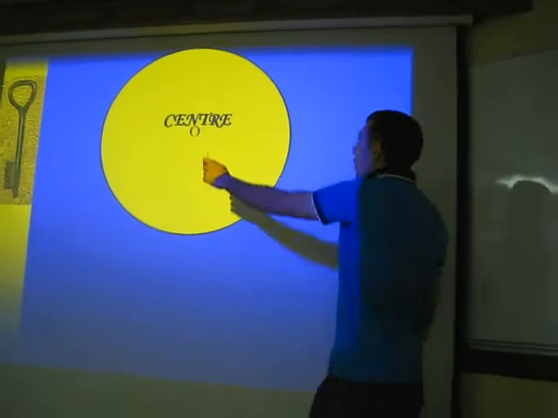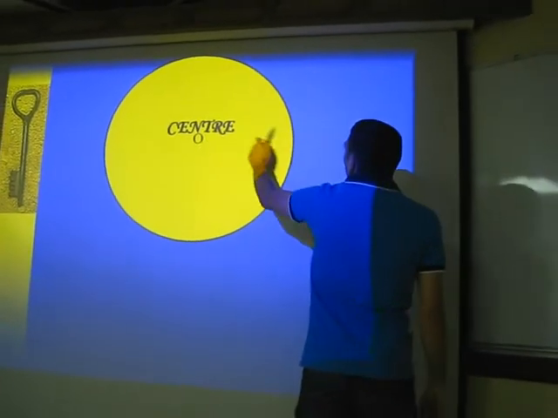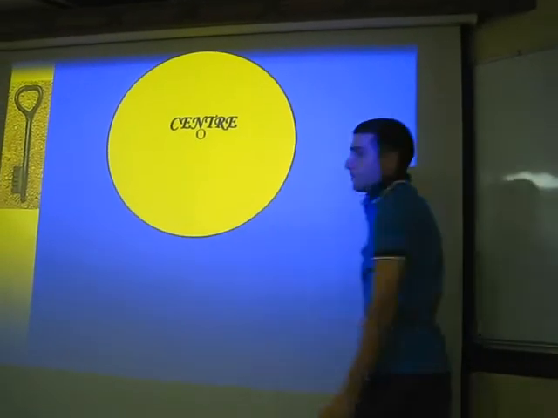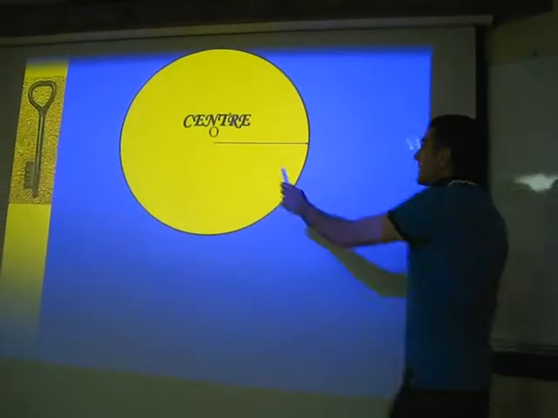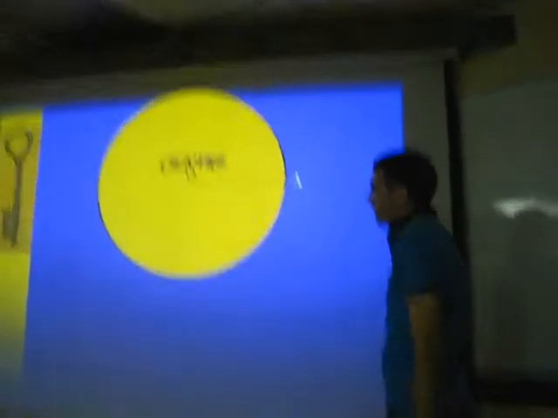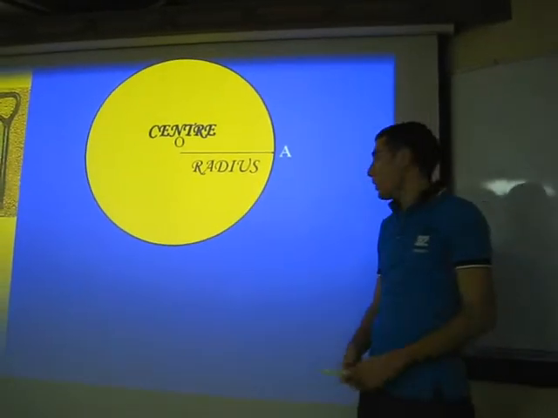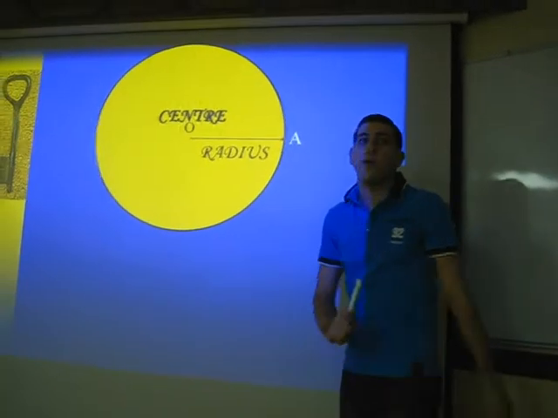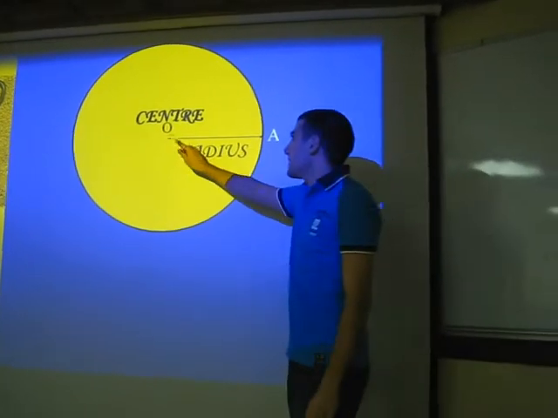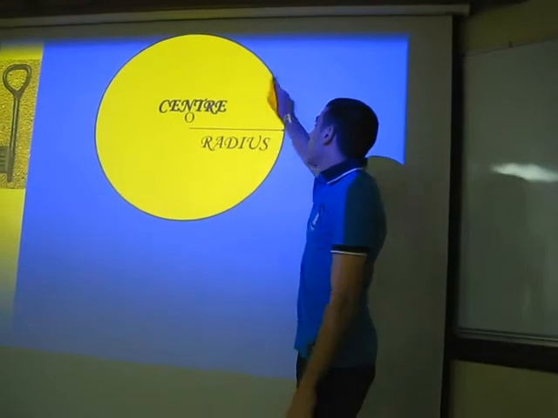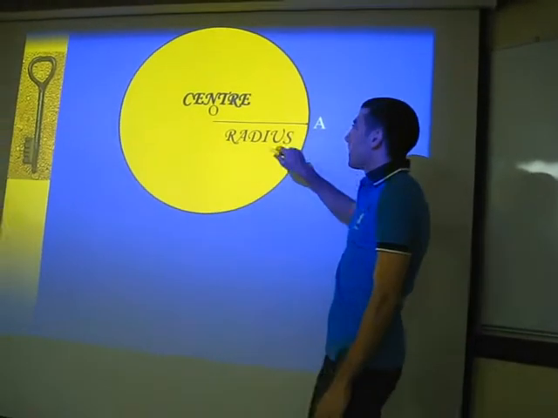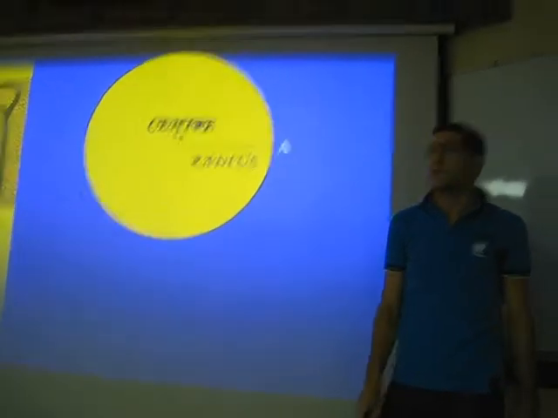If we draw a line from O to any point on the edge of the circle, what is this distance called? We can call OA a radius. So OA is a radius. The distance between the center and any point on the edge of the circle is called the radius.